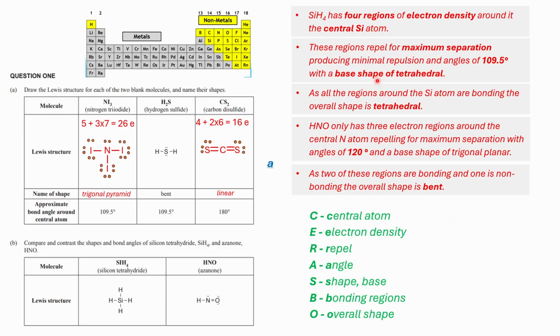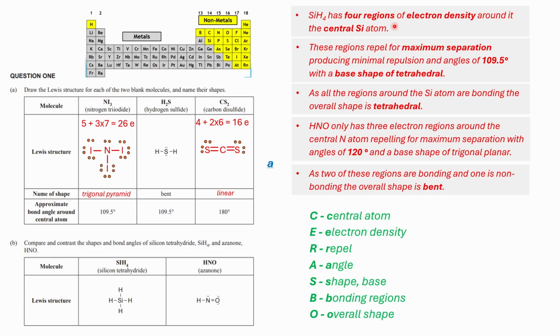Okay, so if you can identify correctly the number of bonding or lone pair regions in one molecule, they'll give you an achieved. Or if you can tell me that the electron density regions push away for maximum repulsion, that's also an achieved. Or if you can state the correct bond angles for one of them, that's an achieved point.